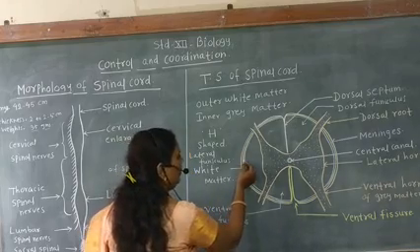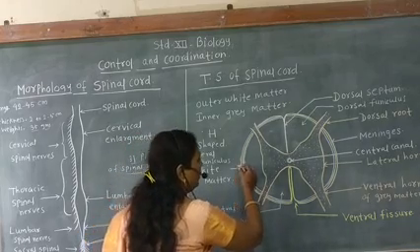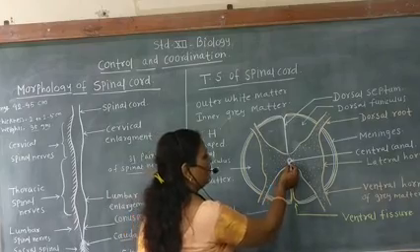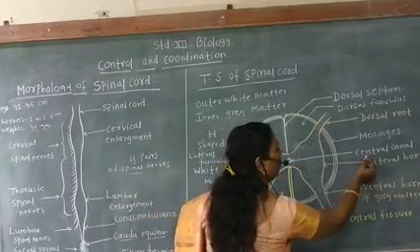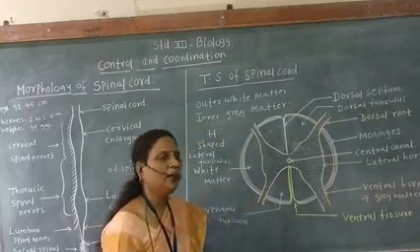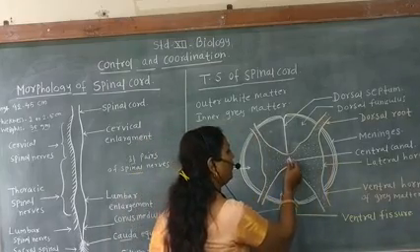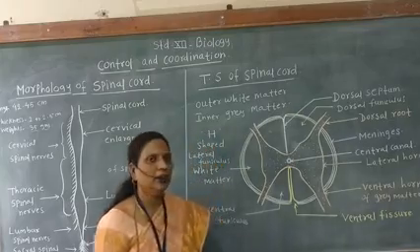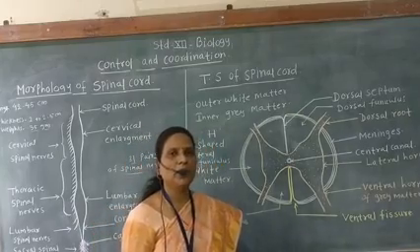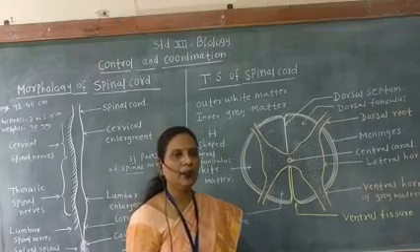At the center it shows the central canal, which is lined by a single layer of ependymal cells. They secrete cerebrospinal fluid in the central canal.